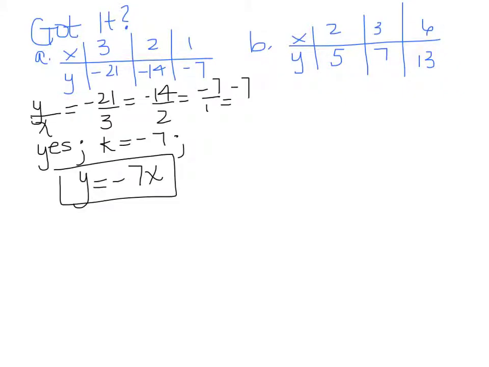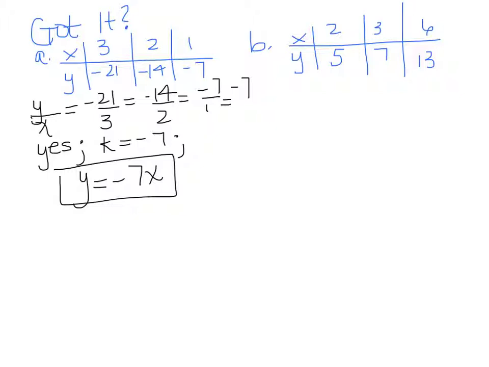Okay, on the left side, what I did was I divided my y values by my x values to see if there was a constant, and I noticed that each pair divided to give me -7.